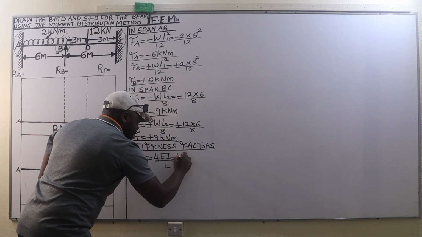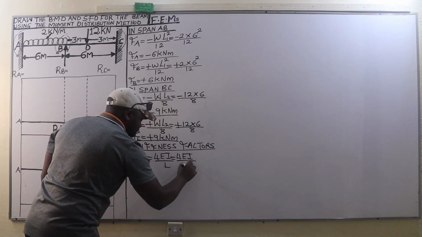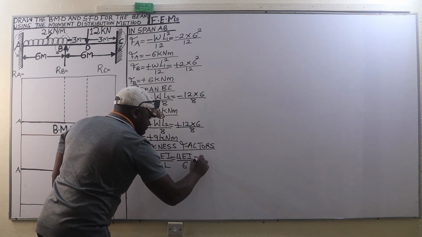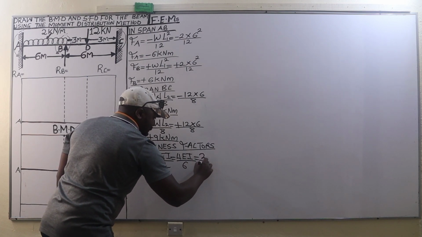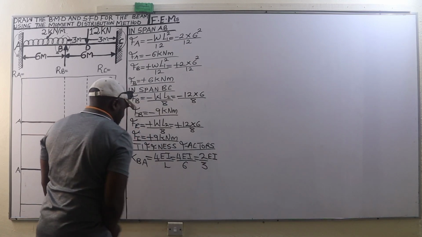And this is going to be 4EI divided by L, which is 6 meters. When we simplify that, we are going to have 2 over 3 EI.